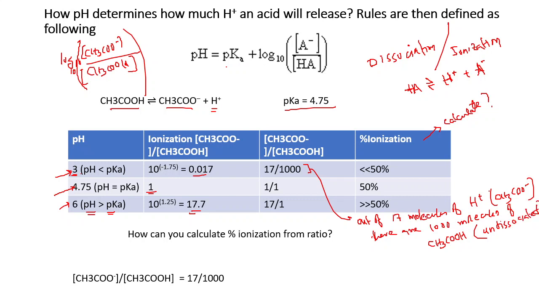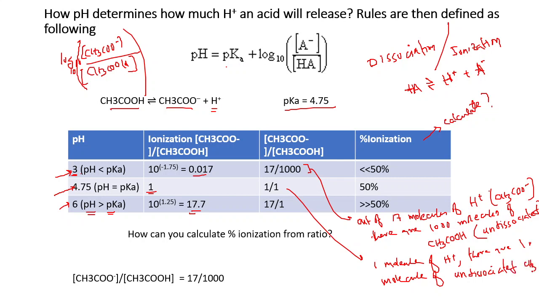So we learned this earlier also. At pH equal to pK, this ratio is 1 to 1: for one molecule of H plus, there is one molecule of undissociated acetic acid.